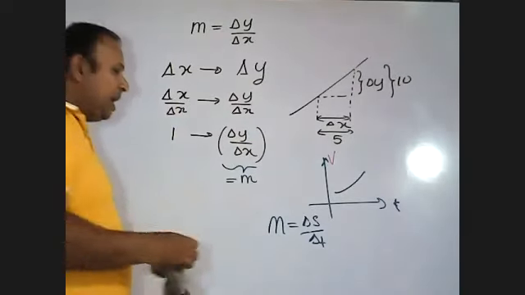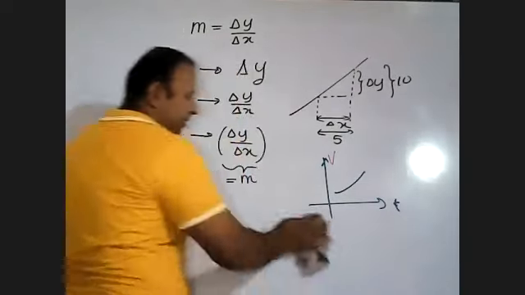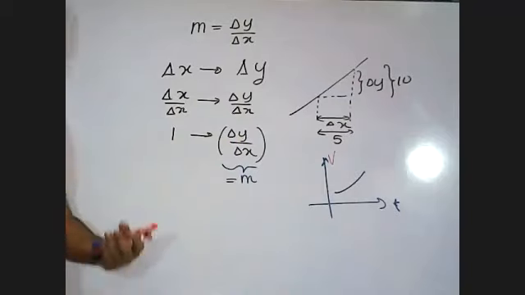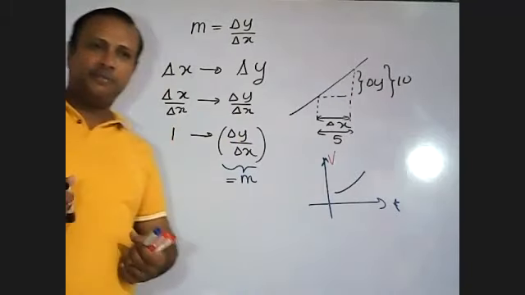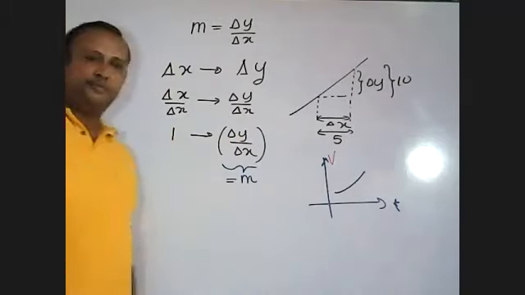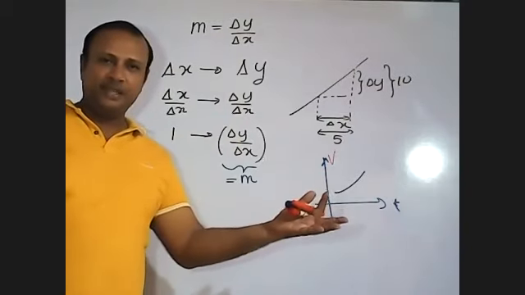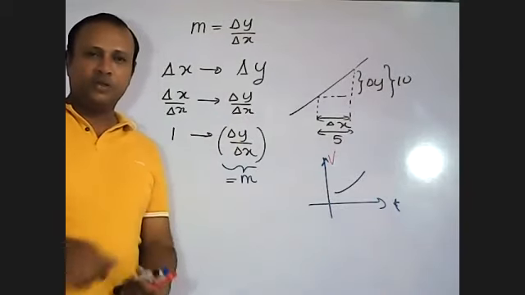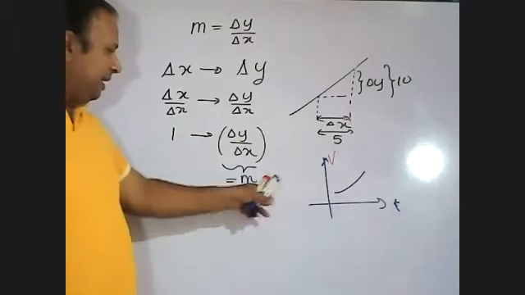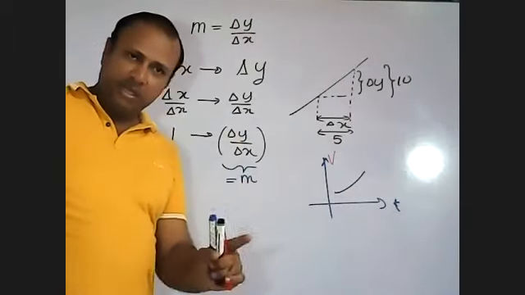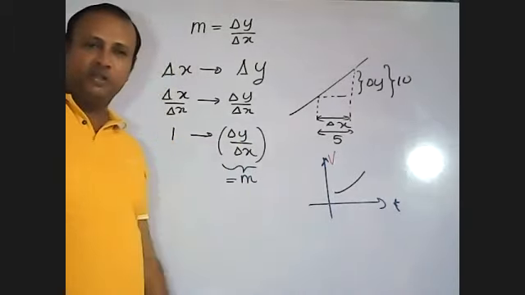Now, tell me how to determine the physical quantity which is represented by the gradient of a VT curve. Can anyone unmute and tell me how to determine the gradient of a VT curve?